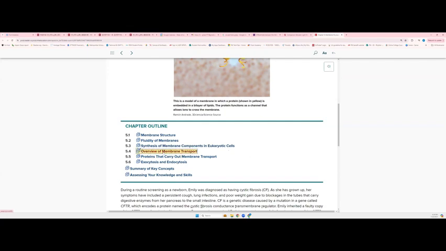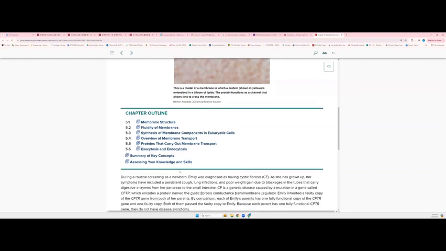And then we're going to talk about membrane transport, right? Basically how molecules are transported across the membrane. We're going to talk about the proteins which help ions carry out through the membrane. And then we're going to talk about exocytosis and endocytosis.